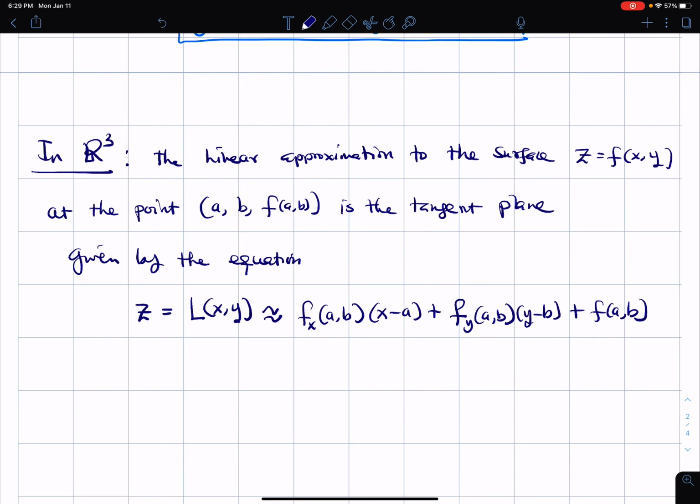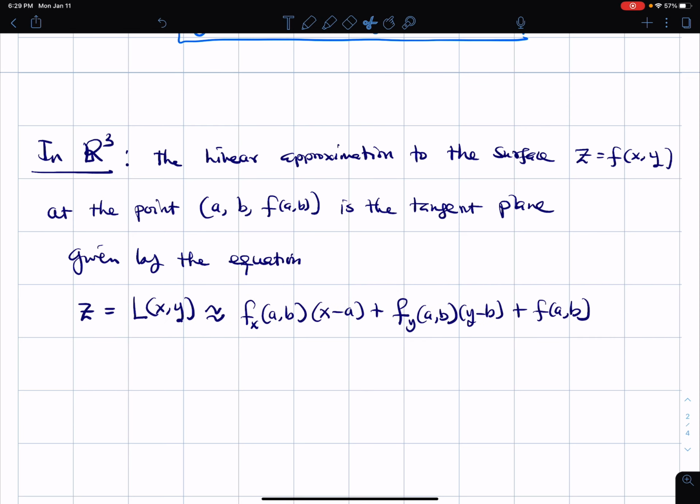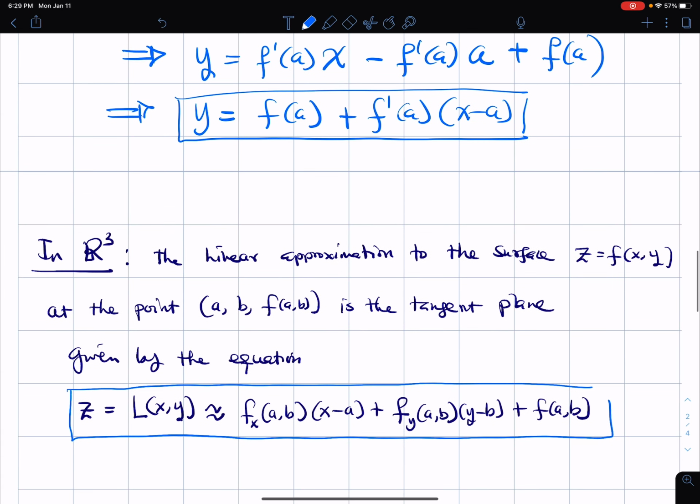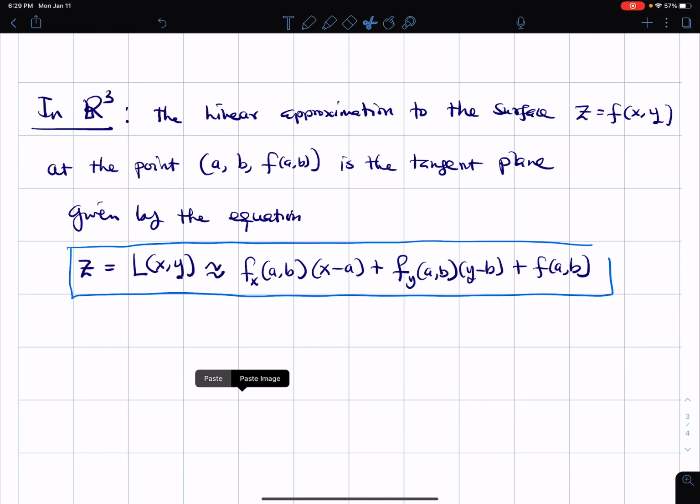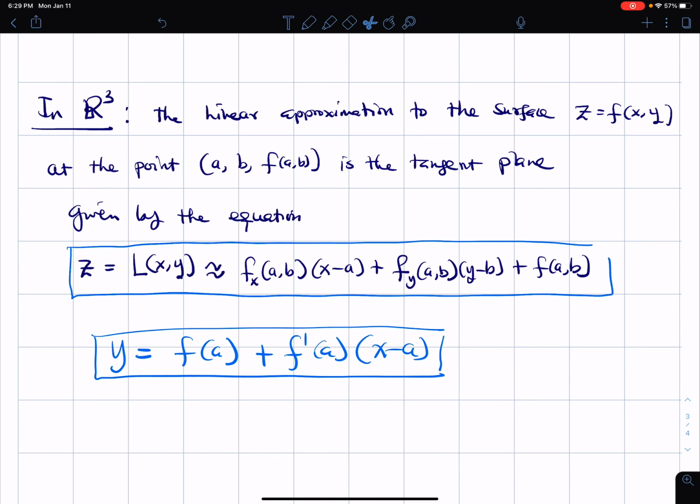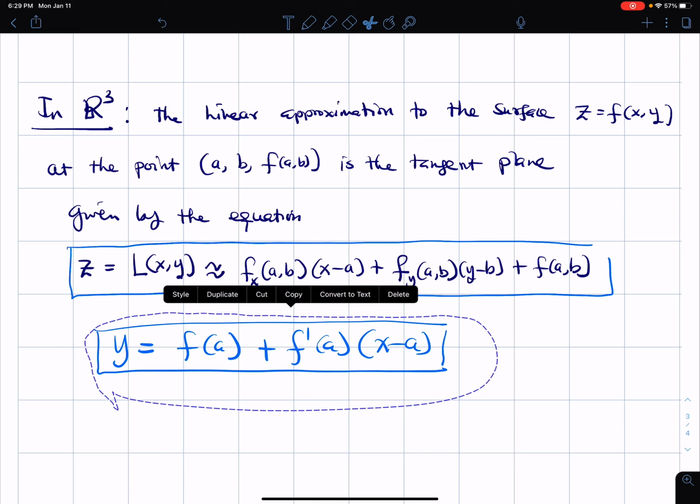All right, we can actually derive this from the equation of a plane, but let's look at it as an extension of the linear approximation for 2D, or the equation of a line in R2. Okay, so how can we see that? Look at this, this is for R2.